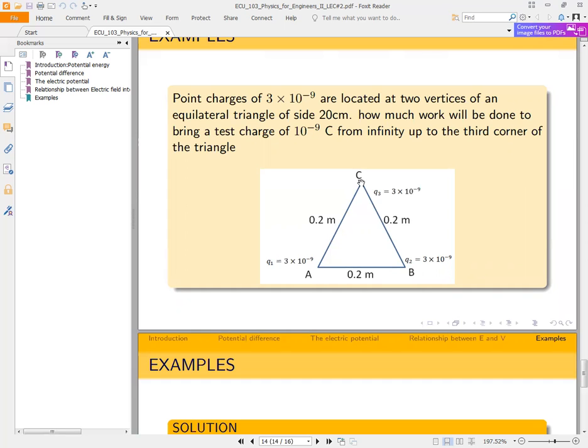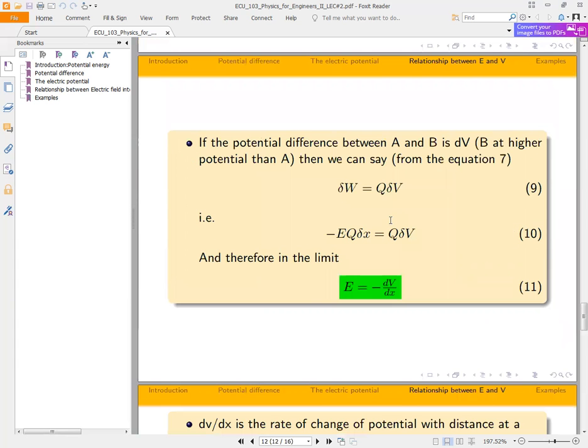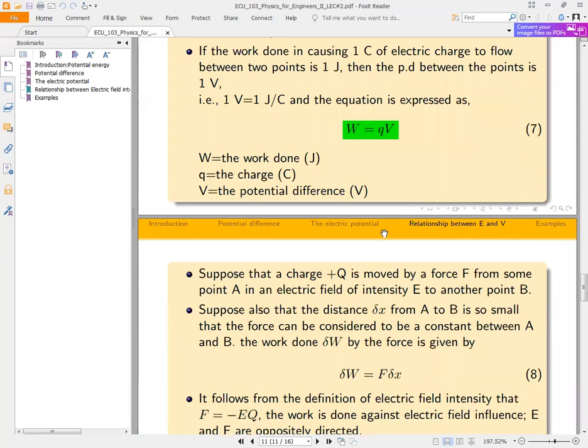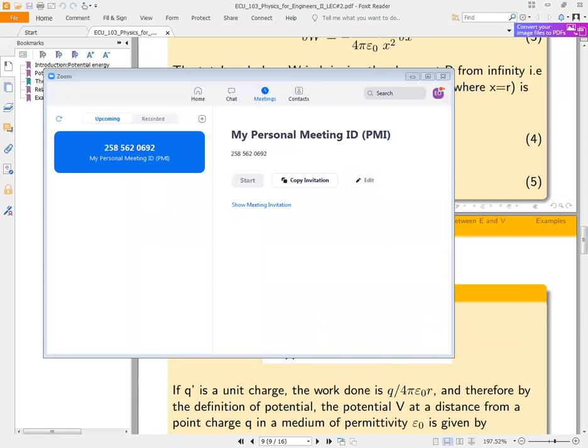Remember, we already have the formula. Equation number 5, where work done is given by the product of the charges over 4 pi epsilon naught r.